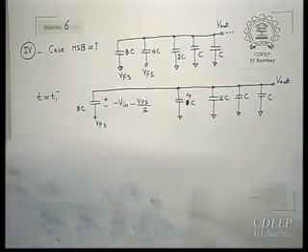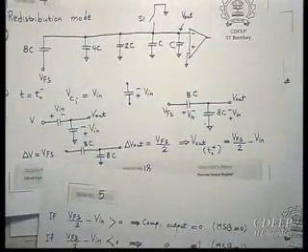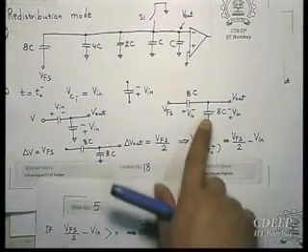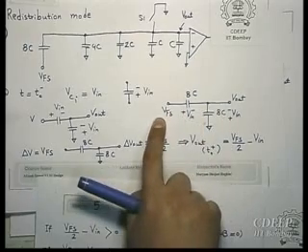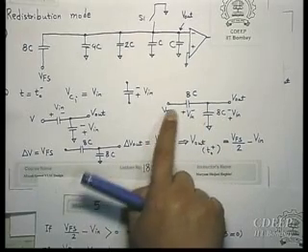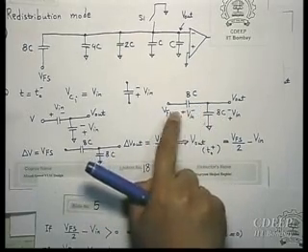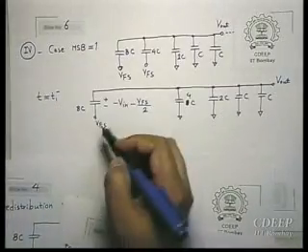We had V full scale by 2 minus V in on this side, and this is V full scale. So it will be V full scale by 2 minus V in, from left to right, meaning from bottom plate to this side.